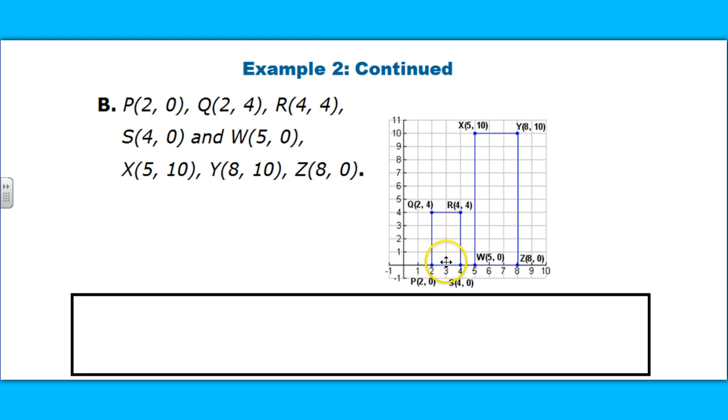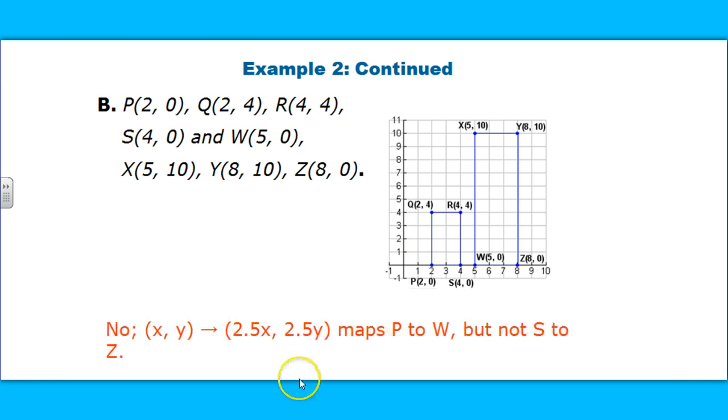Is that equal to this length here, which is 4 to 10? And that isn't, is it? So the ratio of these corresponding sides does not equal the ratio of those corresponding sides. So we might be able to come up with a ratio for two sides, but it isn't going to work for all sides. So this is not a pair of similar quadrilaterals.